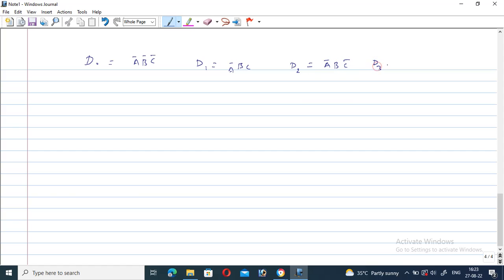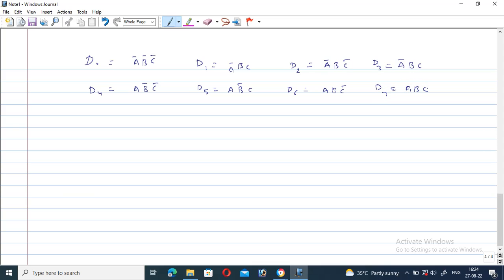D3 is activated for A bar, B, C. D4 is activated for A, B bar, C bar. D5 is activated for A, B bar, C. D6 is activated for A, B, C bar. D7 is activated for A, B, C.